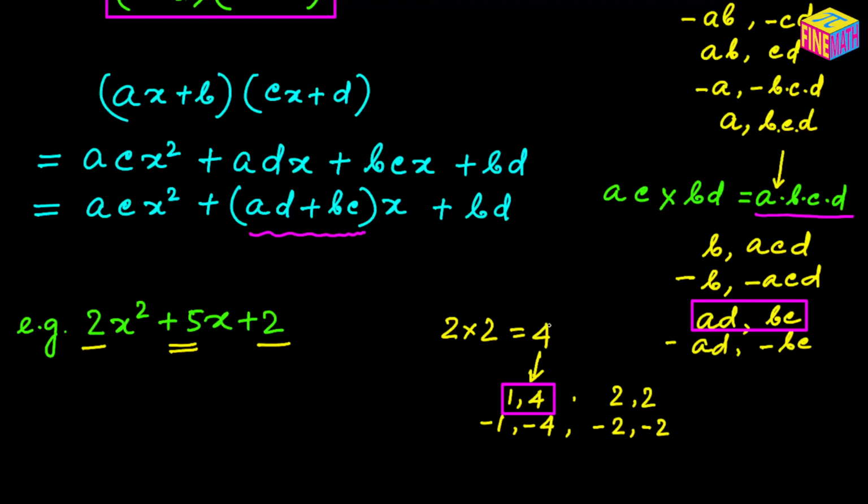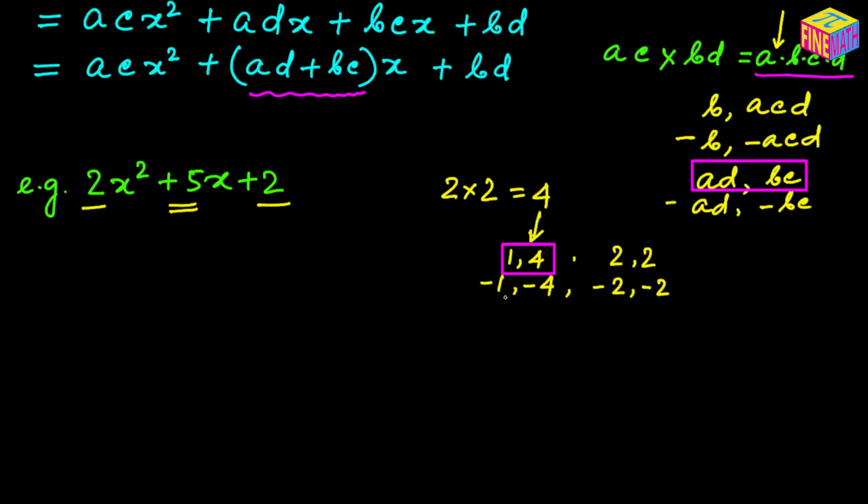Well, it is the product of the coefficient of the leading term and the constant term. So in this case it is 2, which is the coefficient of x squared, and the constant term is also 2. We multiply them, then we come up with 4, and then from 4 we try to find a suitable pair of factors whose algebraic sum would be positive 5, which is the coefficient of the middle term. So now we are going to go with this pair, which is positive 1 and positive 4.